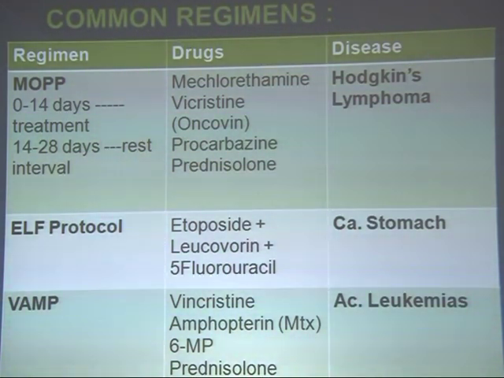What do you mean by regimens? A regimen is a combination of drugs. As we know, in case of tuberculosis, a number of drugs are combined and given for a particular duration of time. Similarly, anti-cancer drugs are combined. Why are the drugs combined in anti-cancer therapy? First, we want to decrease the dose of each drug.